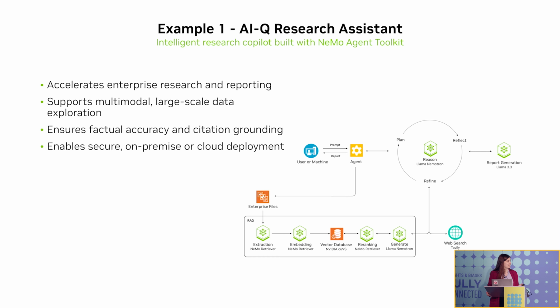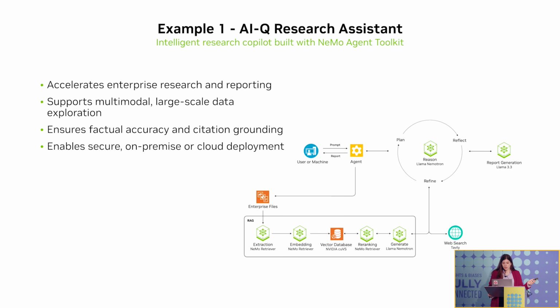Deep research is basically a name used everywhere for when you want to do a lot of different searches and collate information into a very extensive, let's say, report. And so this is a blueprint, which I've mentioned before is a reference architecture. So when you use it, you are free to basically change the LLMs, change any kind of libraries, and see if it makes more sense for your application.